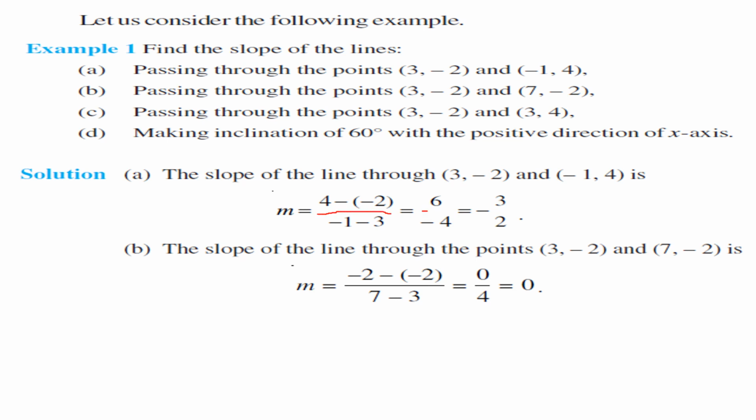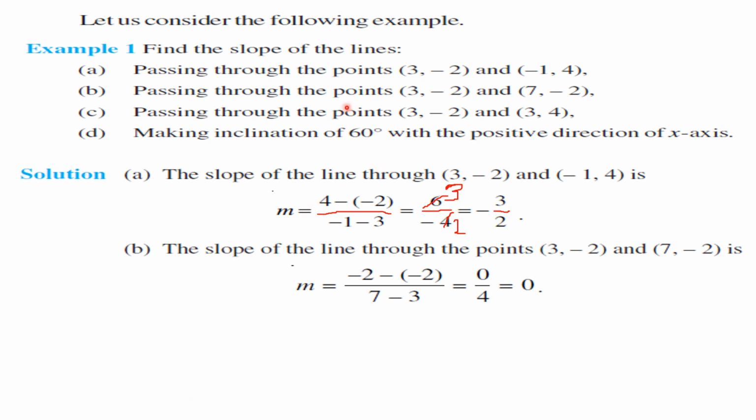Then by striking out 2, 2 times, so finally, what will you get here? That is equal to -3 by 2. This is the slope of the line passing through the given 2 points.